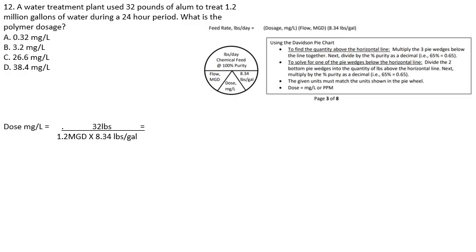We had 32 pounds divided by 1.2 million gallons a day times 8.34 pounds per gallon. Do the bottom math first, 10.008. 32 pounds divided by 10.008 gives you 3.2 milligrams per liter.